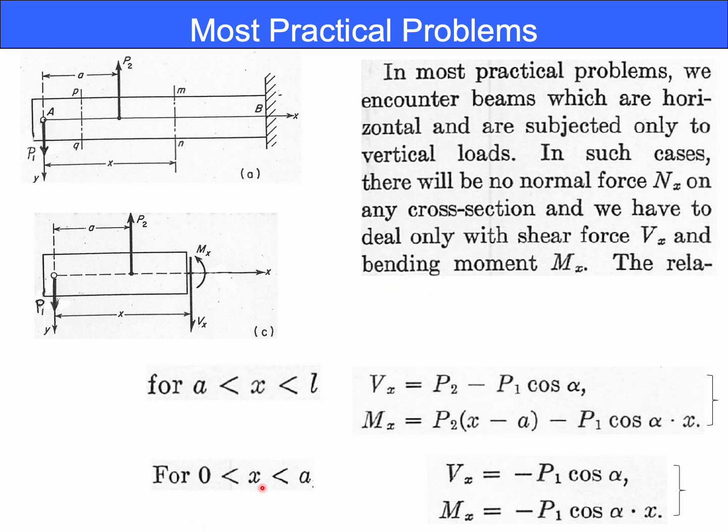And for x between 0 and A, so this section, Vx becomes minus P1 times cosine of alpha. Mx equals minus P1 cosine of alpha times x. That is the moment.